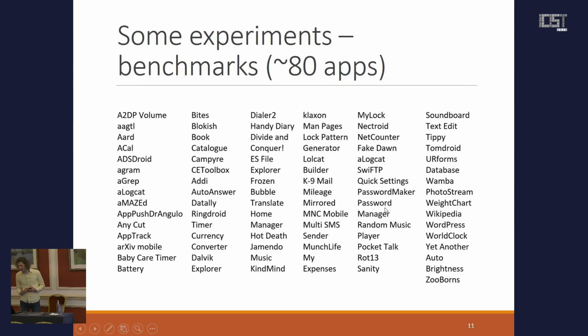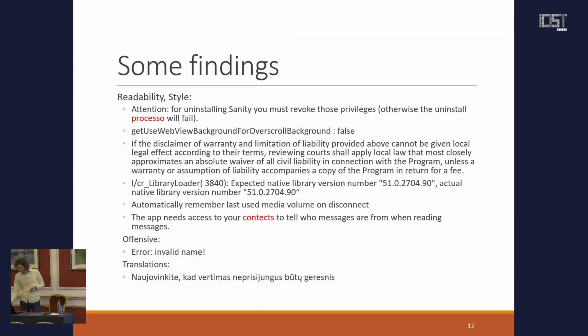And of course we ran it on a bigger set of applications. Some papers presented this set of Android applications as a benchmark. We ran our tool on those applications, and I have some interesting findings. Spell checking in some applications is not good.